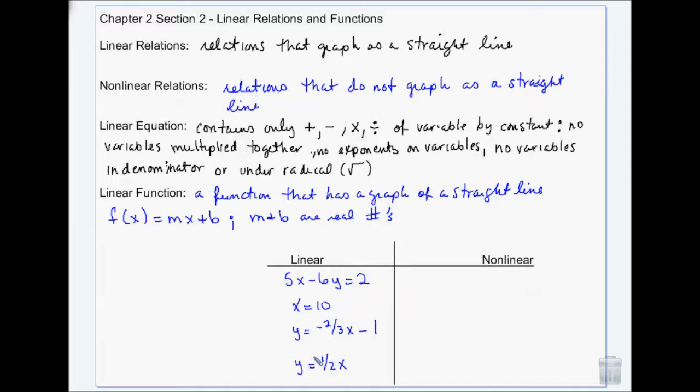These are linear. I have x's and y's, but they're not being multiplied together. None of them have exponents on them. None of them are in a denominator. None of them are under a radical.